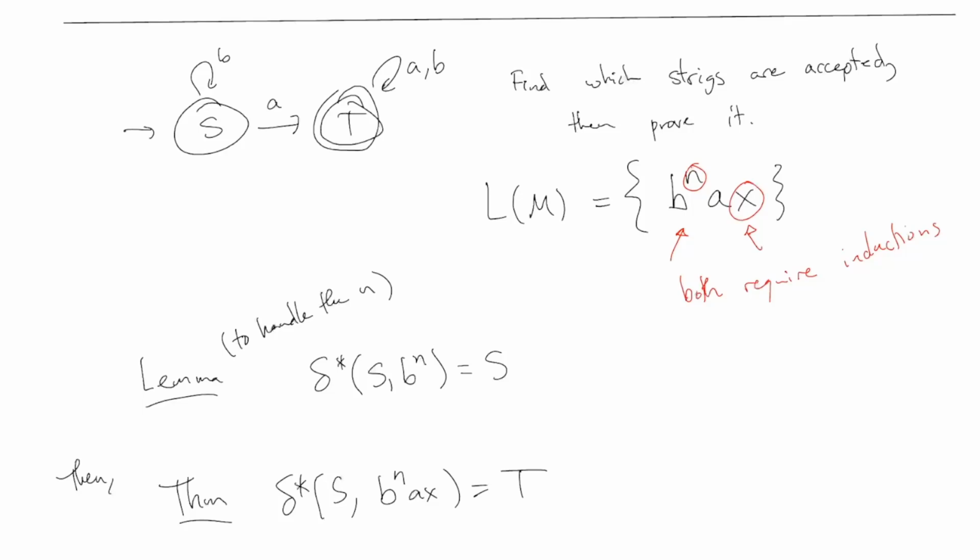Each of those two parts is a different induction, so you should have a base case first and then the inductive case. Yeah, looks good so far. And then we can move from there.